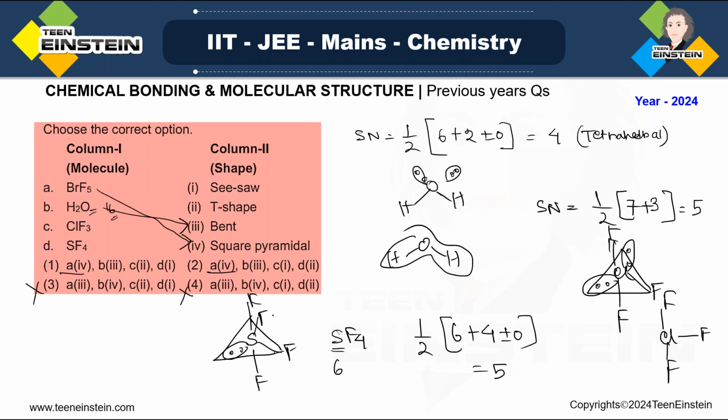So there also, now the shape is like this, isn't it? And this type of shape is known as seesaw. So this is T shape. Very easily you can understand. And this type of shape is known as seesaw. So it should be matching with 1. D is 1, C is 2.